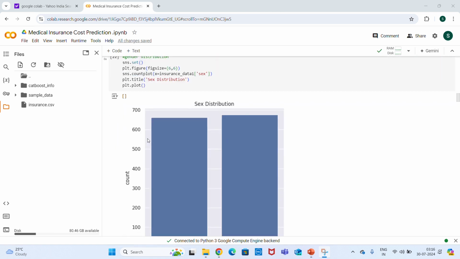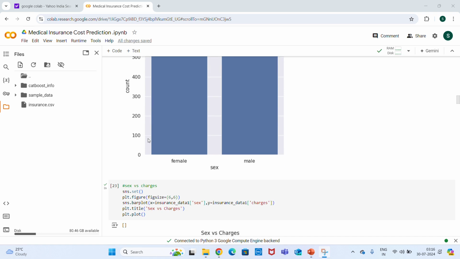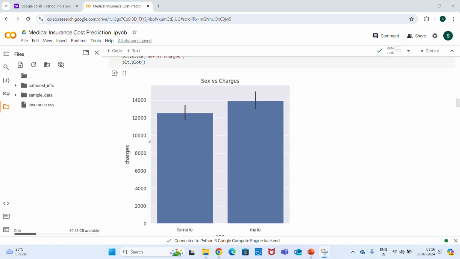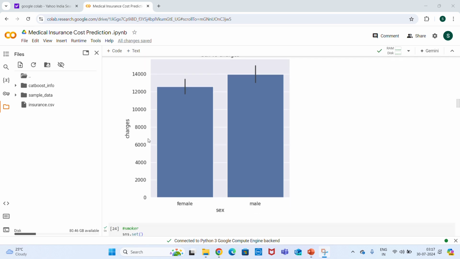Next is the sex distribution. A count plot shows the number of male and female patients. Next one is sex versus charges. A bar plot shows the difference in medical charges between males and females.